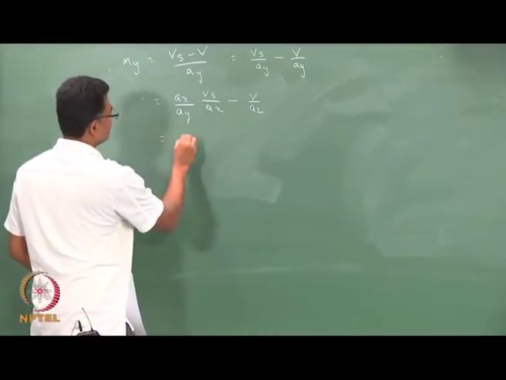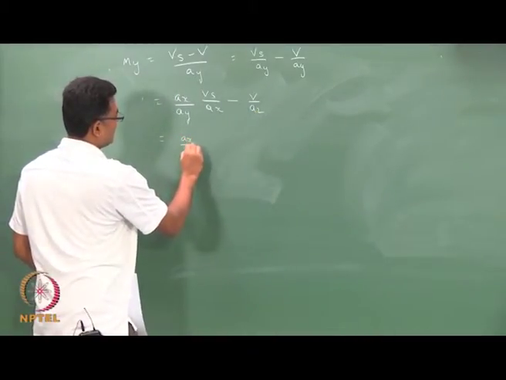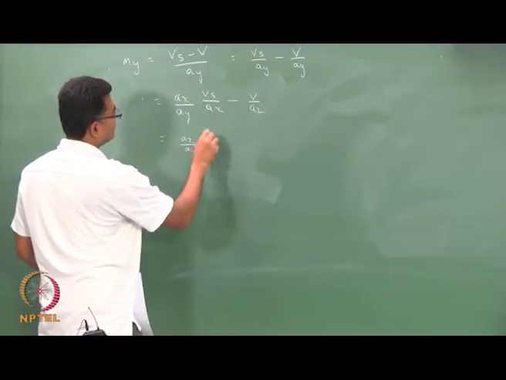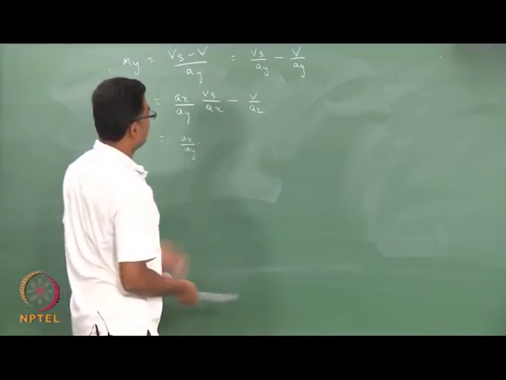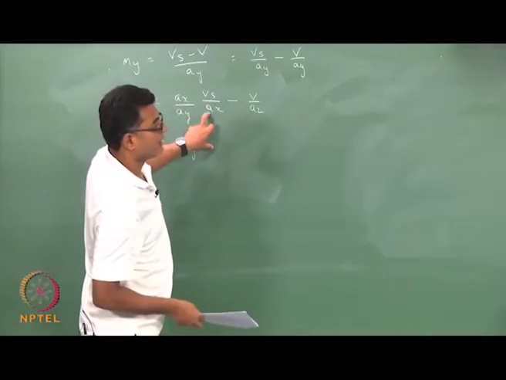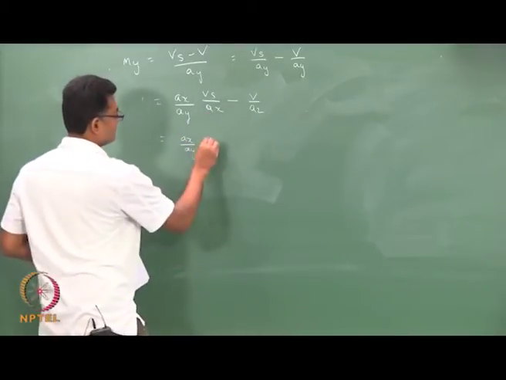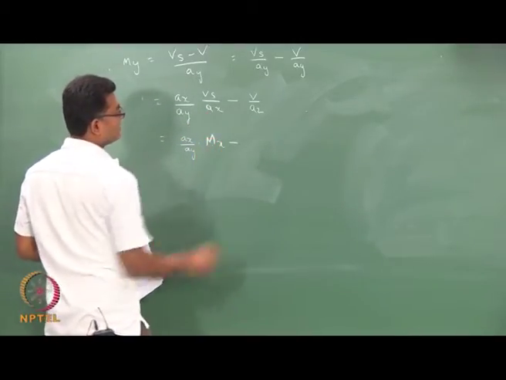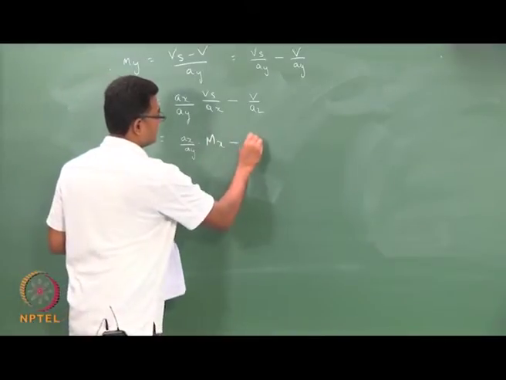So, I can write this as Ax by Ay into Vs by Ax is Mx, minus M2.